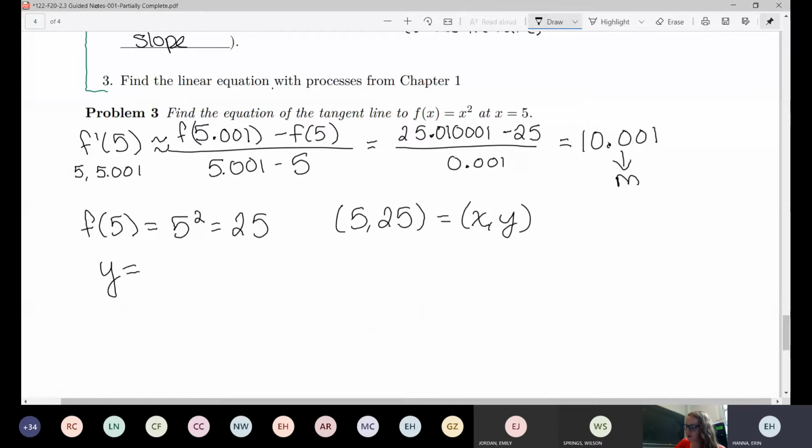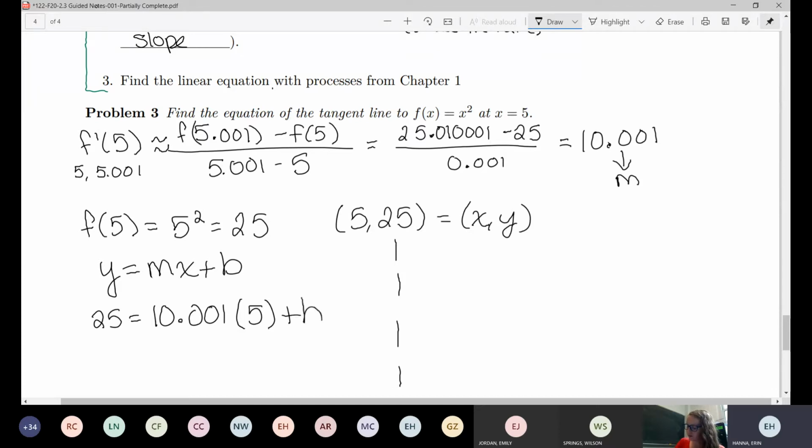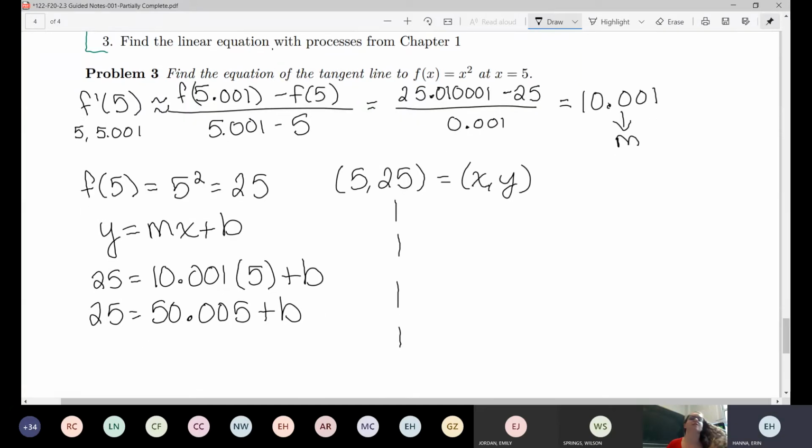So we want y equals mx plus b. Well, we can use them to find b. When I say we can use that to write the equation of the line, you might think we're done, but we've got to find b first. Subtract the 50.005 from both sides.